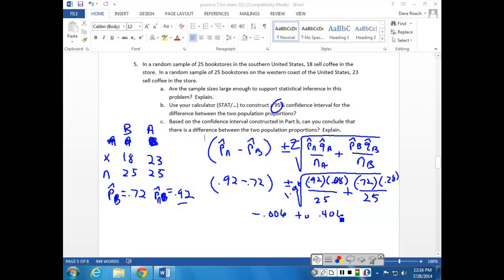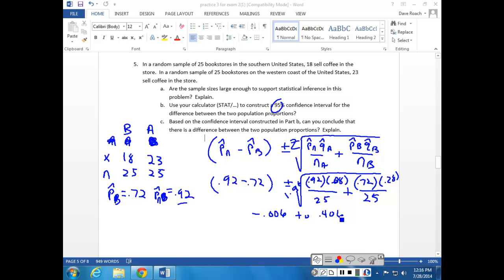And I'm just going to put 23 out of 25, 18 out of 25, and 95, and calculate, and I get exactly the same thing, so I'm feeling pretty good about my calculation now. Minus 0.0056 is what I rounded to 0.006.